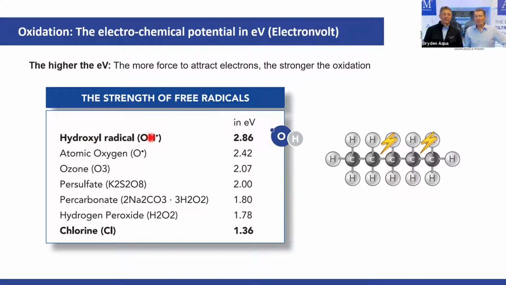These are hydroxyl radicals, and this is atomic oxygen. This is also a radical. These two radicals have a very strong oxidation potential, so they are very effective at oxidizing. Ozone is also fairly strong, and you can see how some of the other very commonly used oxidants compare here.